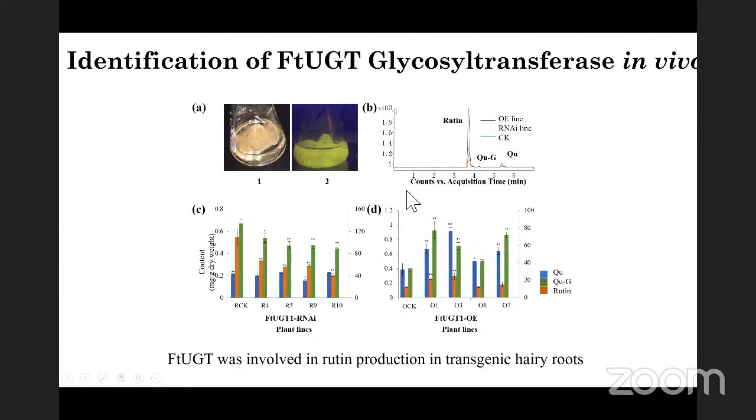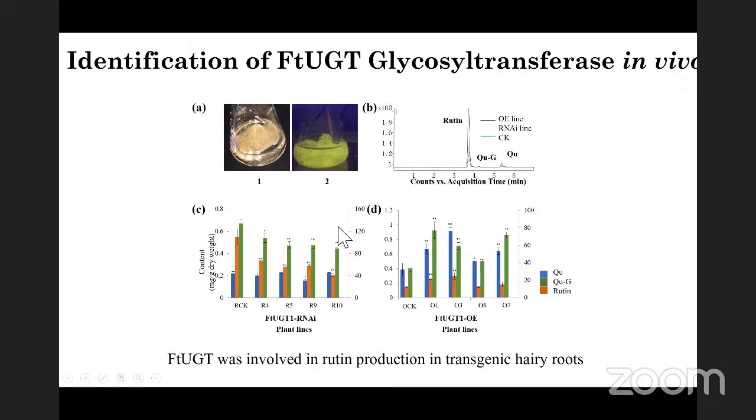In order to reveal the functions of the genes in the tartar buckwheat plant, we use a transgenic method to overexpress and RNAi these genes in tartar buckwheat, and we use LC-MS to measure the compound concentration.